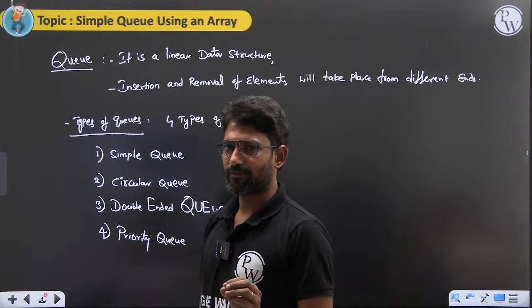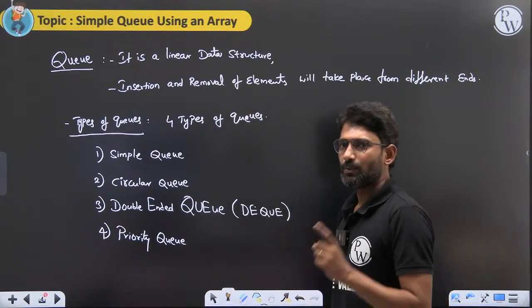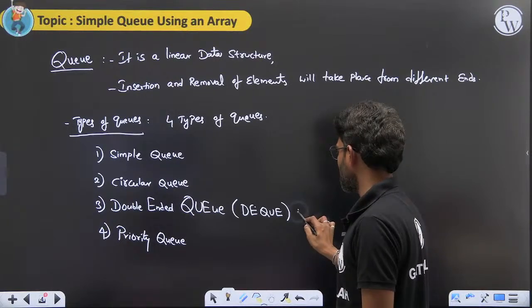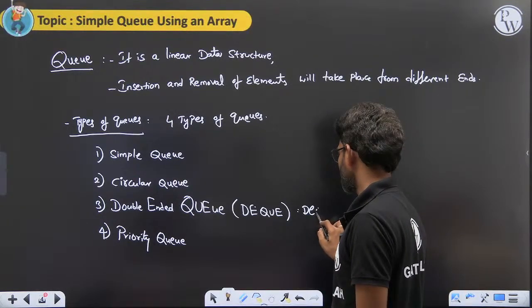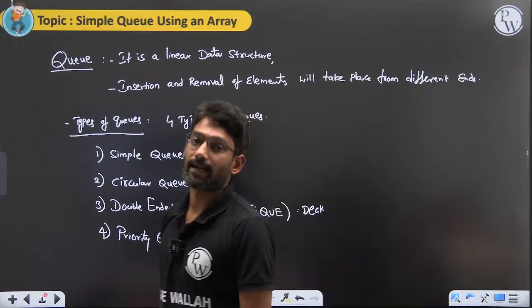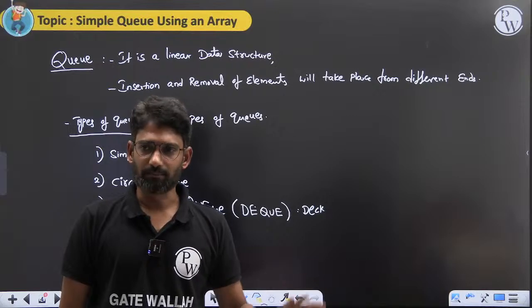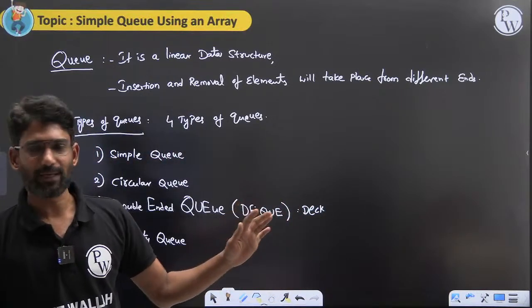Most of us pronounce it as dequeue, but you should call it deck. Its pronunciation is deck, not dequeue. The actual pronunciation must be deck.